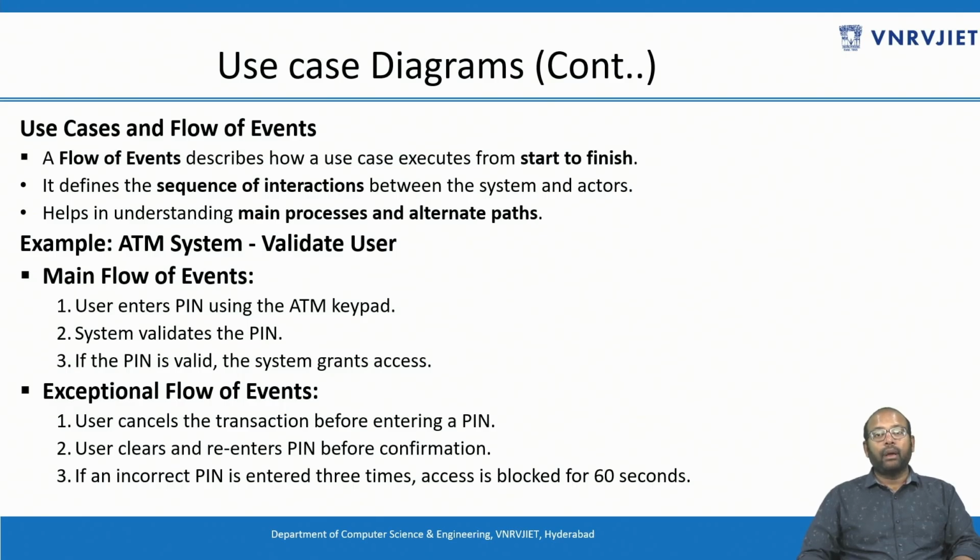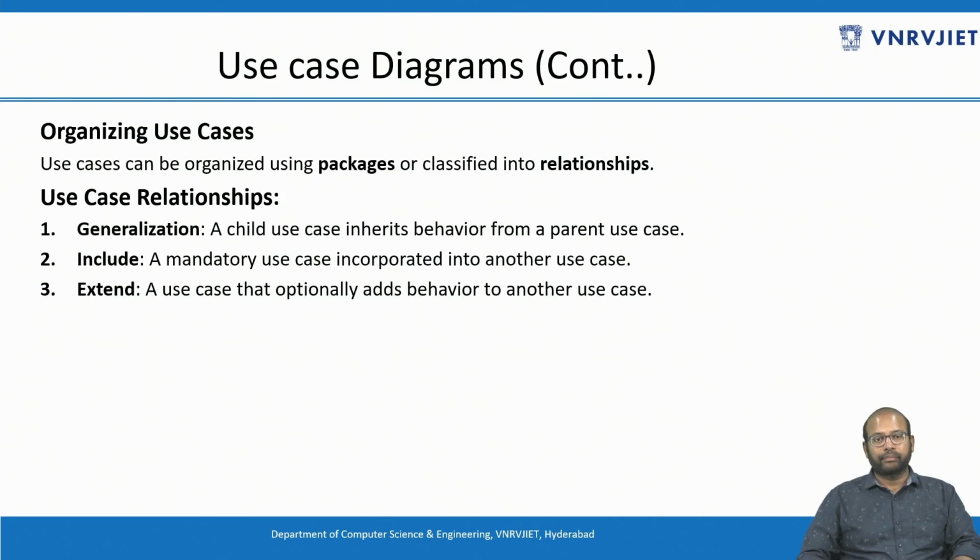These may occur while performing this transaction. Maybe he forgot the PIN number, maybe he entered the wrong PIN, or maybe some other problem, like he stopped the operation. So these are also shown under this use case diagram, called the main flow of events and exceptional flow of events.